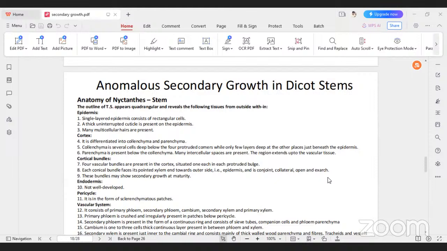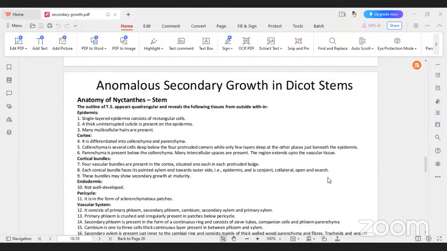Somewhat right. Reverse to the secondary growth, but not activity. Actually, it is not the general process of the secondary growth.